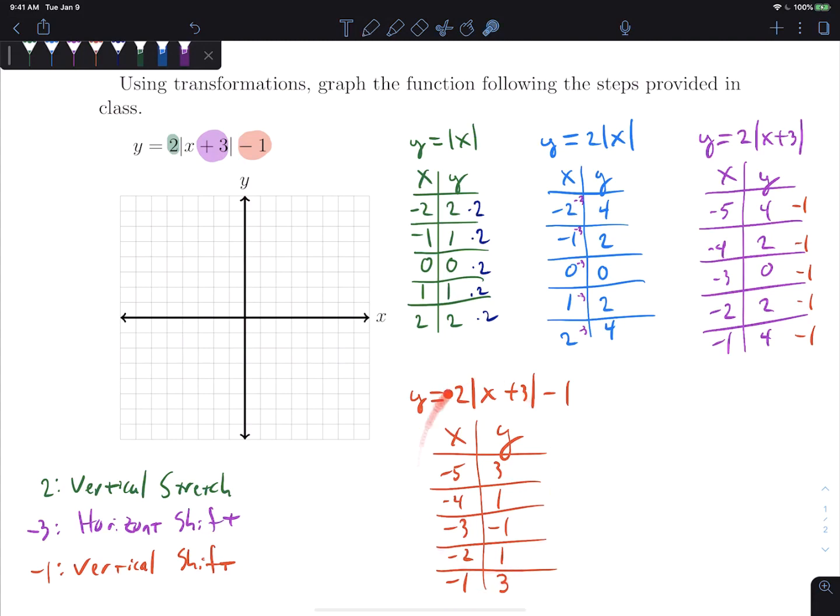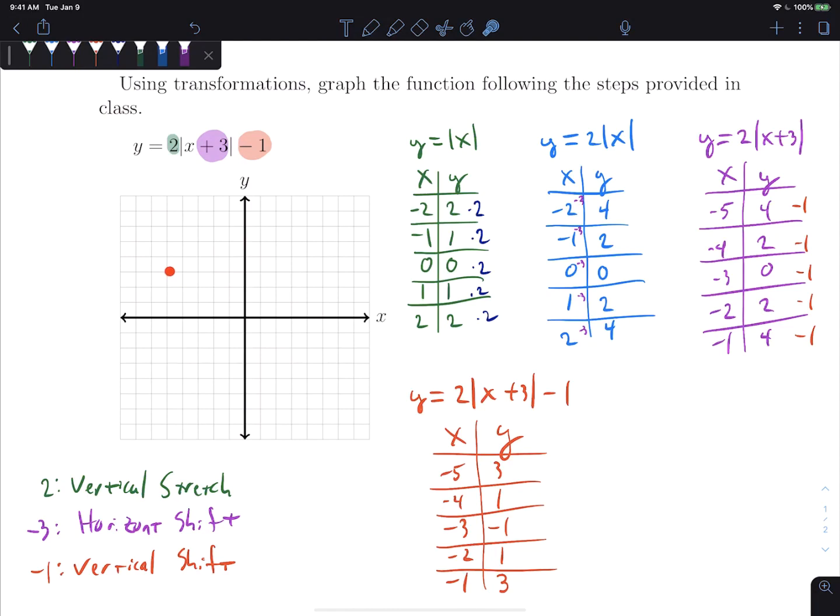Excellent. And so we're going to just graph these coordinates. Negative 5, negative 3. So negative 5, 1, 2, 3, 4, 5, negative 3. There we go. Negative 4, 1. So negative 4. Sorry, it was positive 3, not negative 3. My apologies. Negative 5. 1, 2, 3, 4, 5.